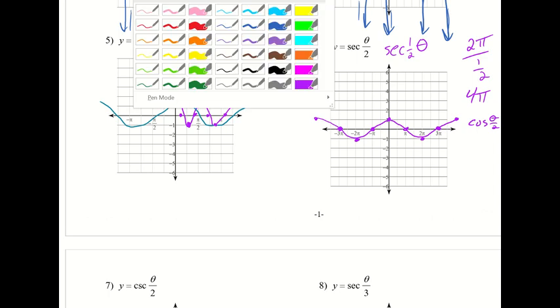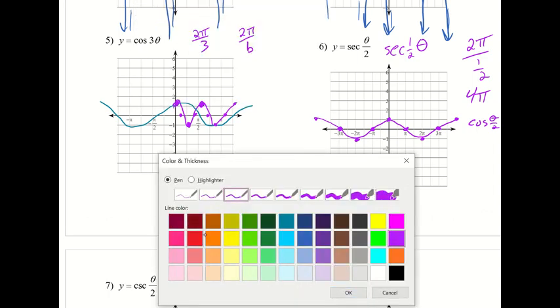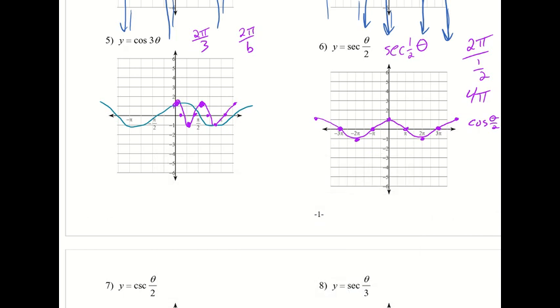Then let's pick a different color for secant. So again, whenever cosine has a 0, secant has an asymptote. Cosine has a minimum, secant has a maximum.